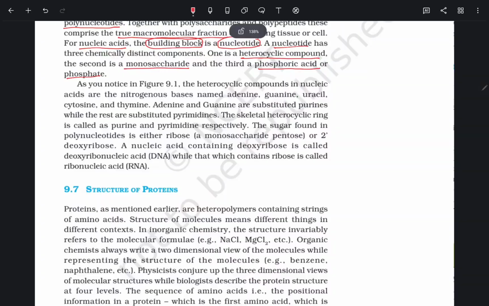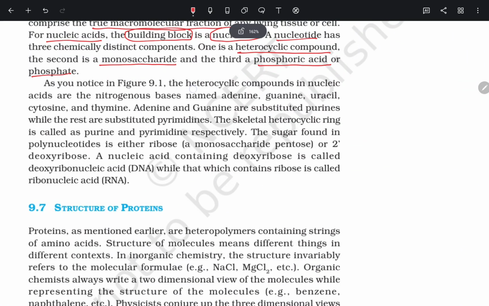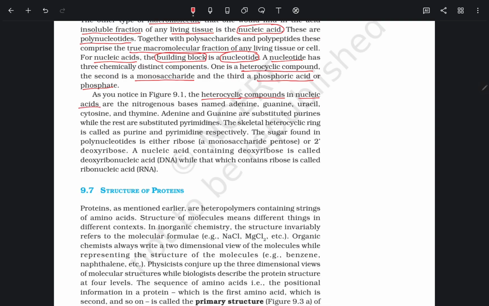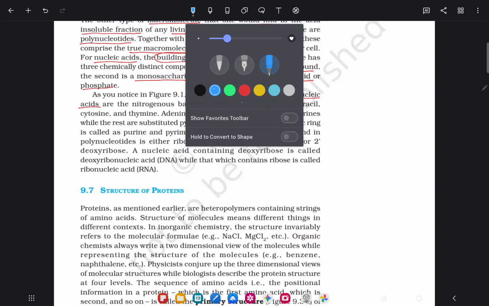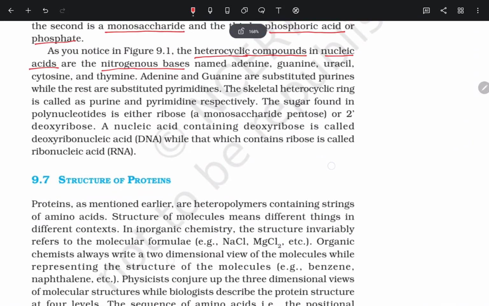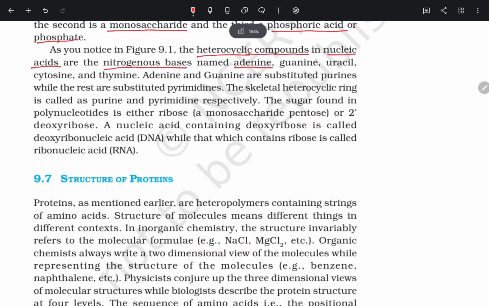The heterocyclic compounds in nucleic acids are nitrogenous bases: adenine, guanine, uracil, cytosine, and thymine.